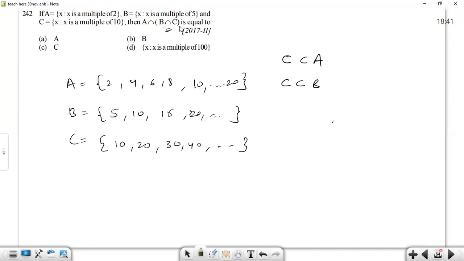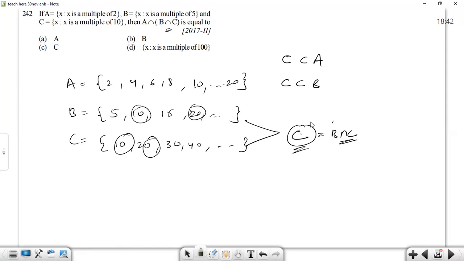B intersection C. The common elements are 10, 20, and then 30, 40, 50. So all the intersecting elements are C only. Do you agree? Yes, sir. The intersection set will include all the multiples of 10, so this is set C only.